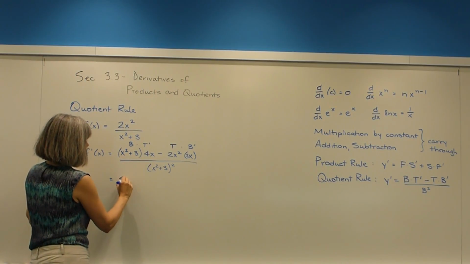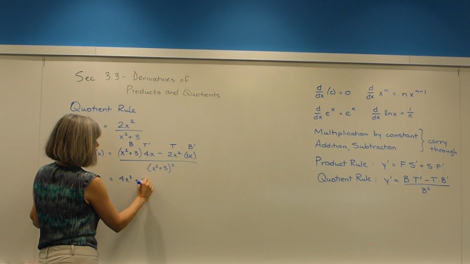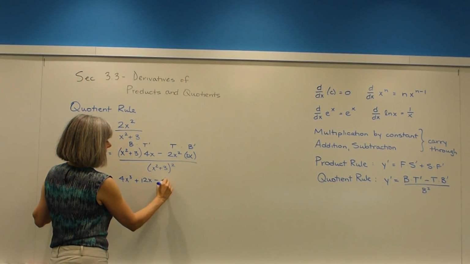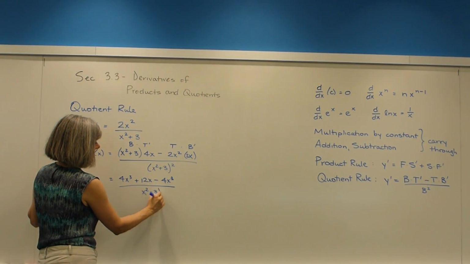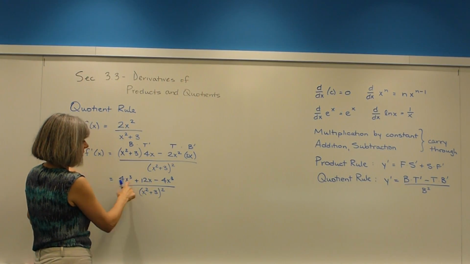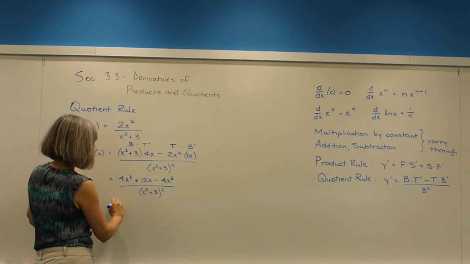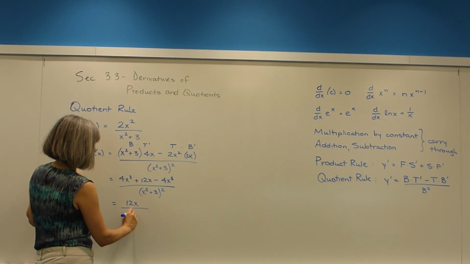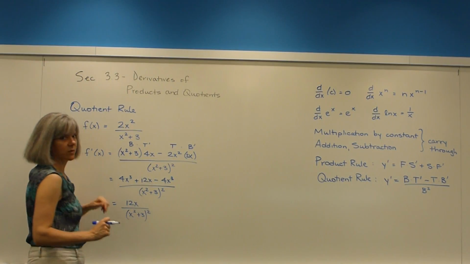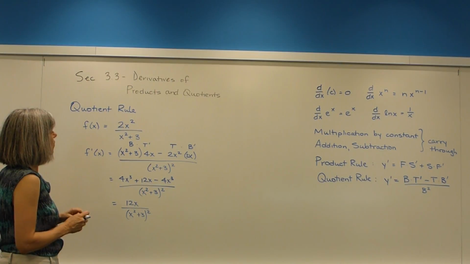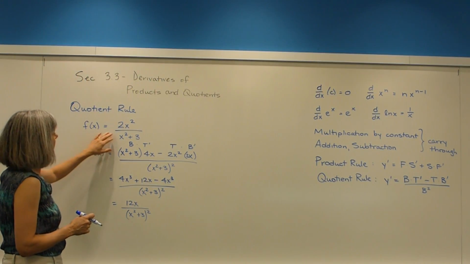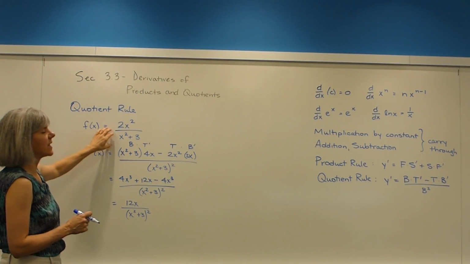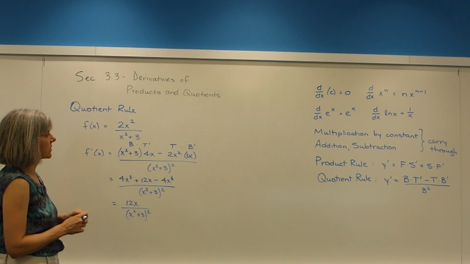So 4x cubed plus 12x minus 4x cubed, aha, interesting, divided by x squared plus 3 squared. 4x cubed minus 4x cubed, leaving 12x over x squared plus 3 quantity squared. I'll leave that there. There's another way to do this, but I think we're not ready for that. We'll get to that in another class.